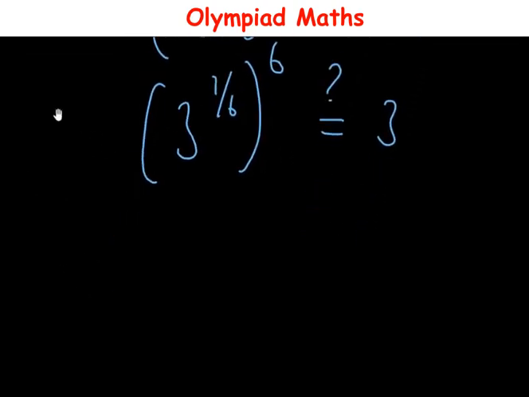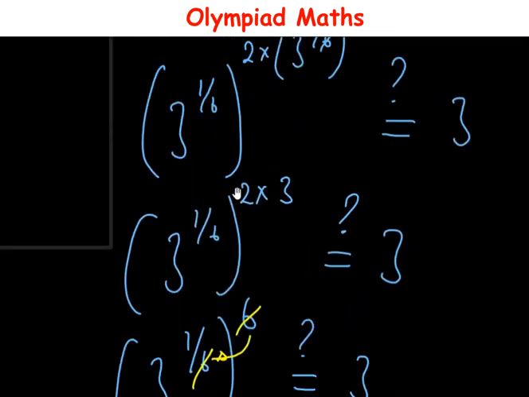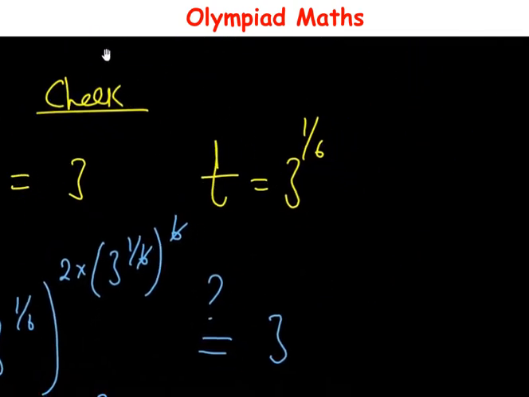And from here, this 6 right here multiplies this power 1 over 6, so this 6 cancels this 6. What we have is 3 raised to power 1, with this equal to 3? Now 3 power of 1 is 3, and this is equal to 3. So therefore, the value of t that we got as 3 raised to power 1 over 6 is the correct solution.